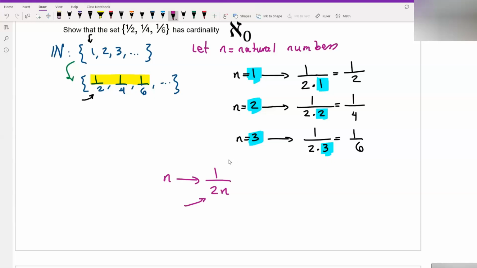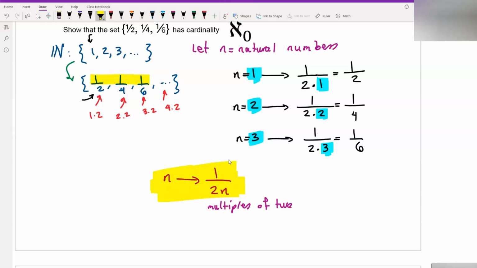So these are multiples of 2. So this one is 1 times 2, 2 times 2, 3 times 2. Next one, we're going to have 4 times 2, so it's 1/8. So this is our map.